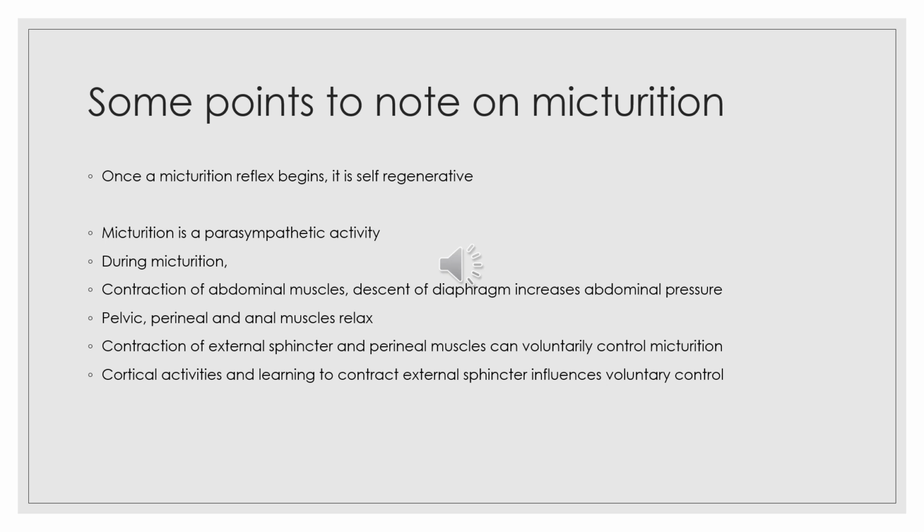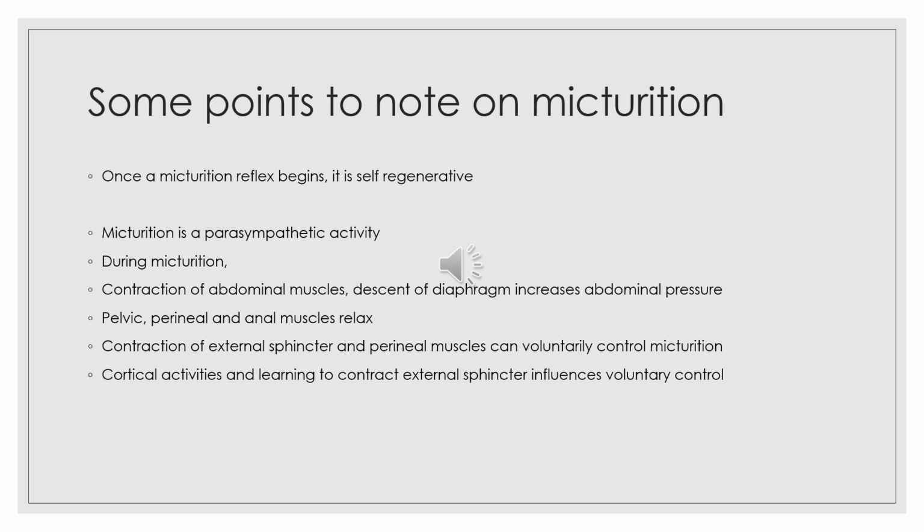Another thing is that micturition is a parasympathetic activity. The sympathetic nerve fibers do not have a role in micturition. Only the parasympathetic nerve fibers play a role in micturition. And we can see that during micturition, the flow of urine is facilitated by the increase in abdominal pressure.